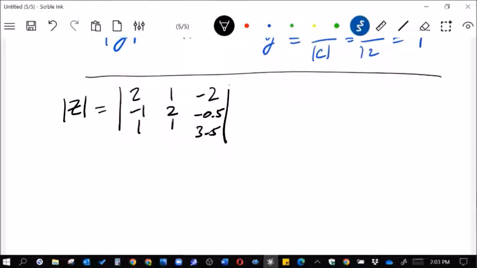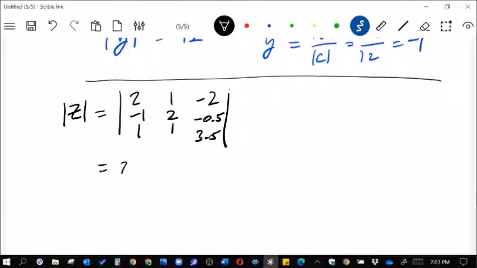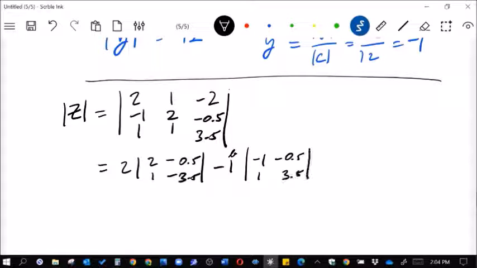Okay. And then I'm going to do this one out here by equals 2 by minors, 2, 1, -0.5, -3.5, -1. B is 1, so it's minus that one. That 1, -0.5, 3.5, -2. So it's C, and it's already negative. -1 and 1, 2 and 1. So these ones, I can state that this comes to 15.